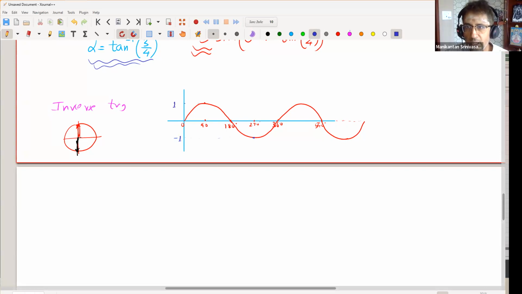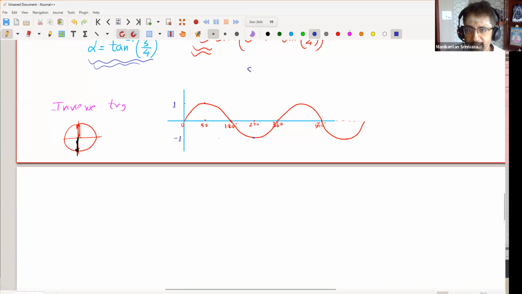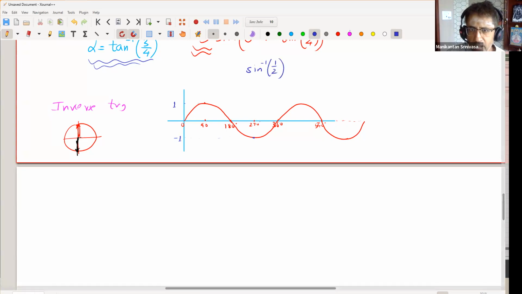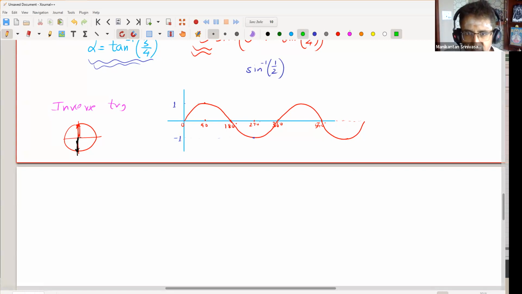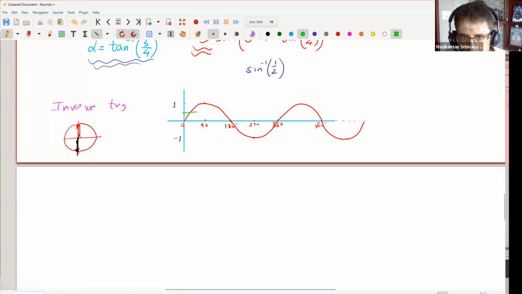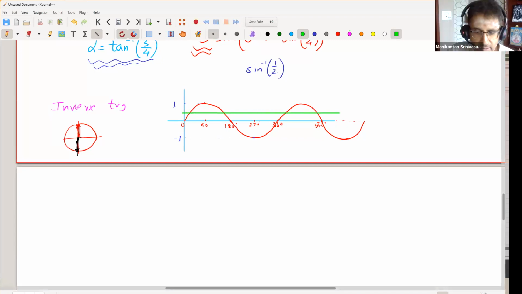Now, if I'm looking at what is sine inverse of half, if I draw the line which is of height half here, I get infinite answers, right?